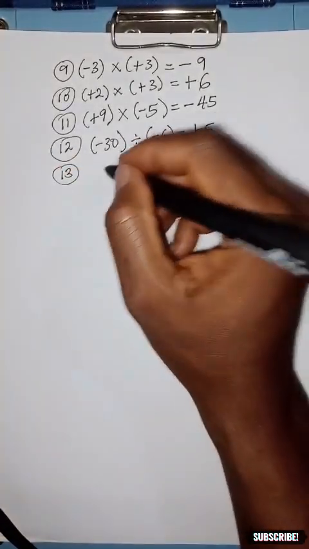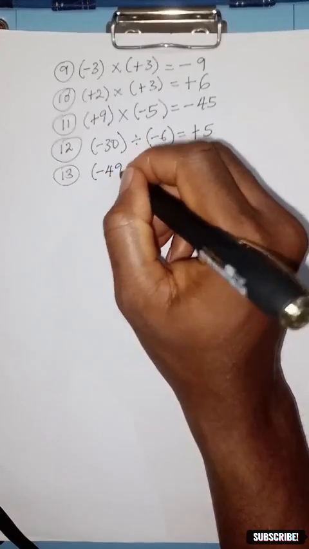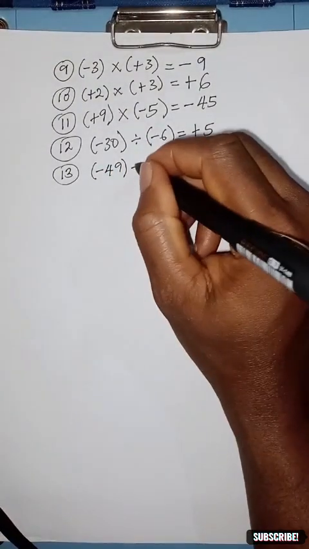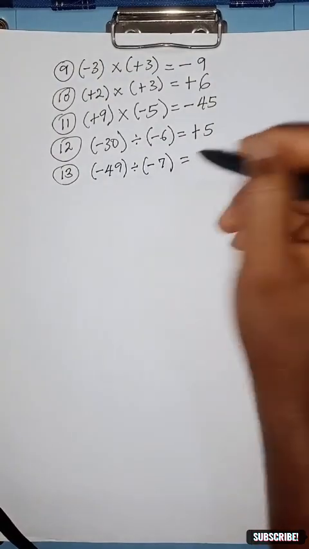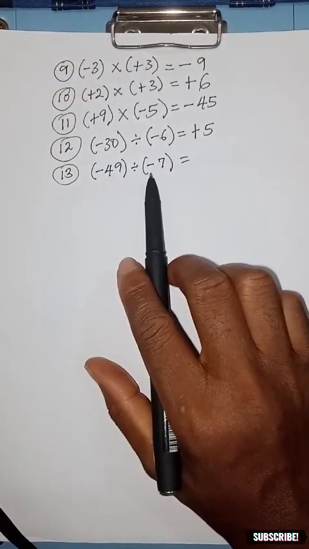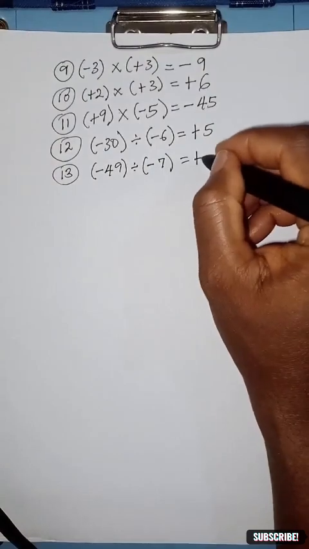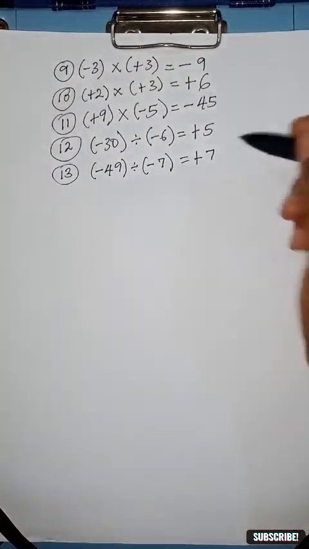Number 13, minus 49 divide minus 7. Minus divide minus, it's plus. 49 divided 7, it's 7.